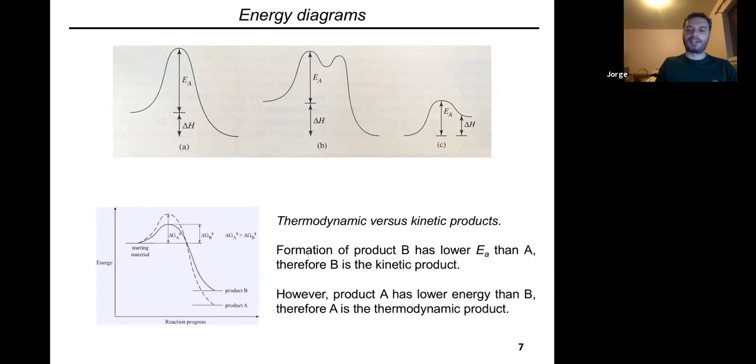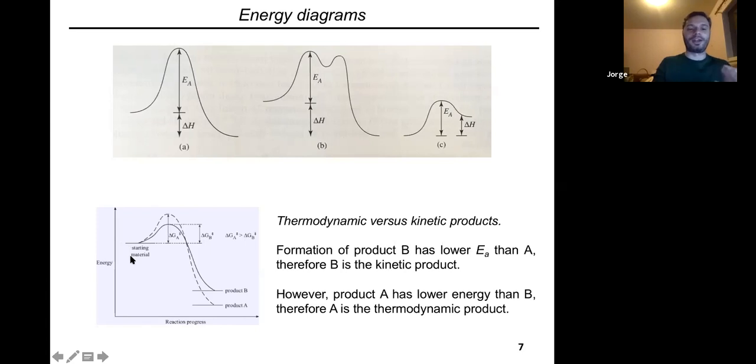The kinetic product is the one that has lower activation energy, therefore it is the fastest one to be formed. And the thermodynamic product is the one that has the lowest energy, or is the more stable.